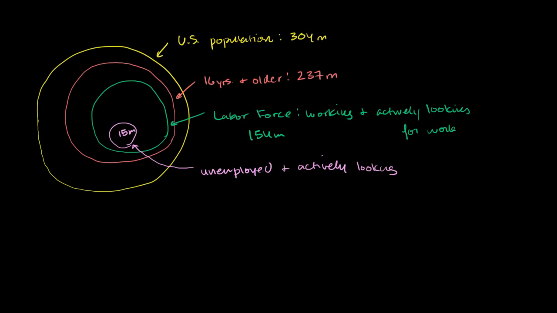So the unemployment rate is literally just the number of unemployed over the entire labor force. So in this situation, it would be 15 million, the number of unemployed and actively looking, over the entire labor force, over 154 million.